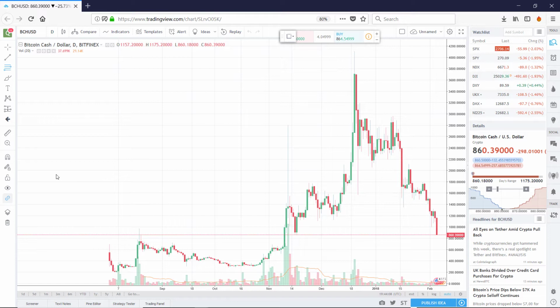Now here there's no really set answer. For Fibonacci retracements, you set a low and a high, and then it tells you what the important levels are going to be, or could be. So I'm going to say that this was the recent low.